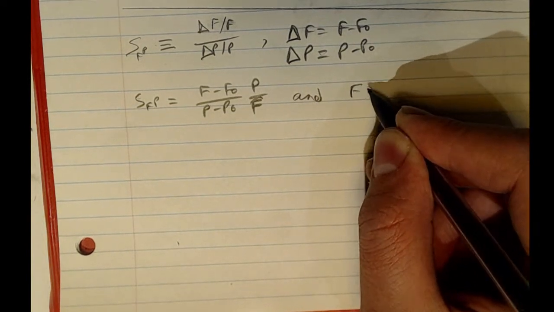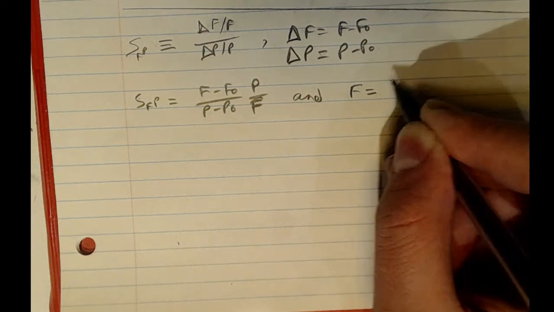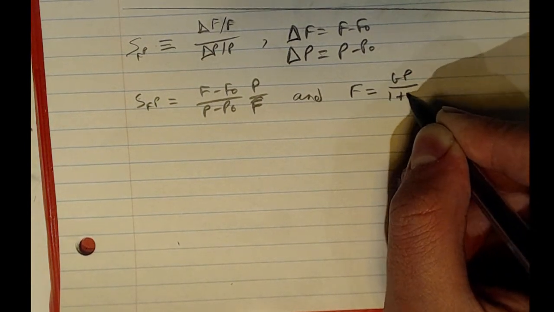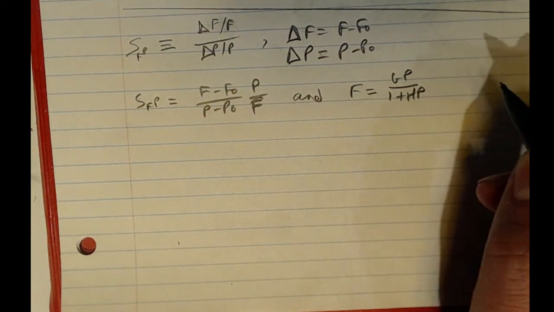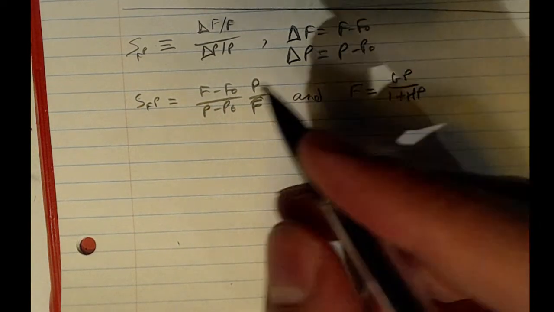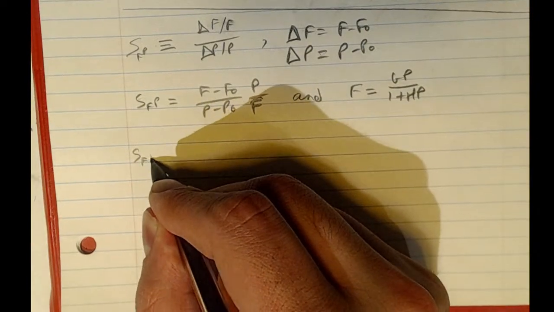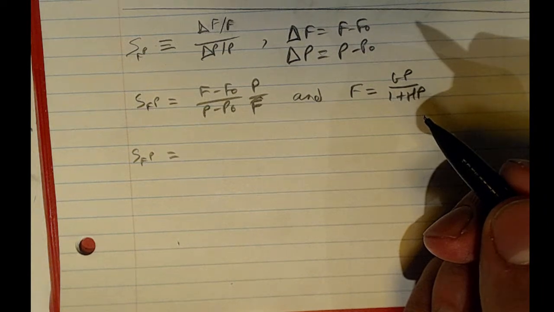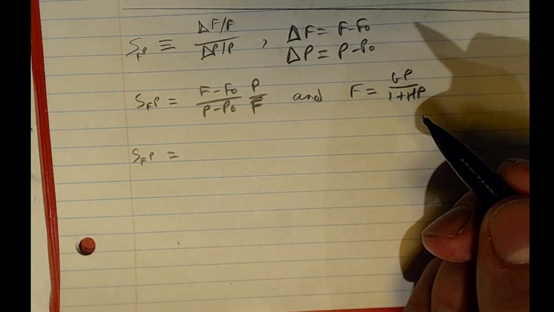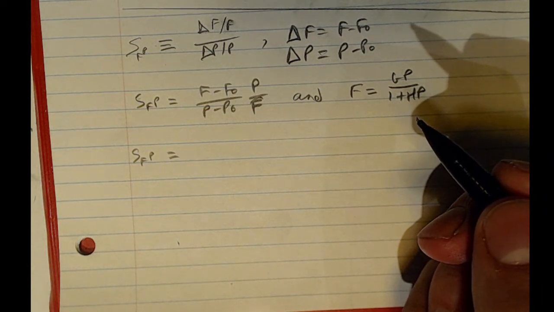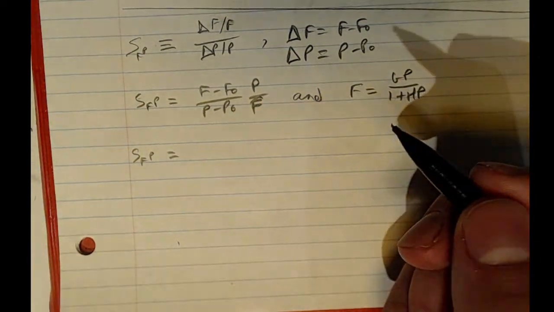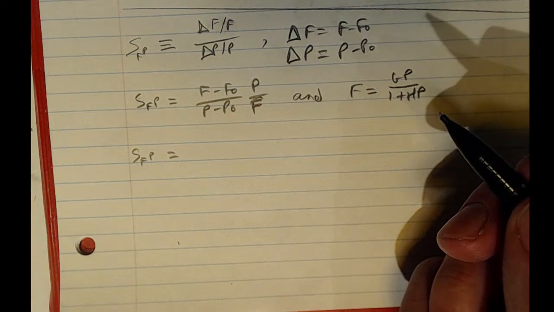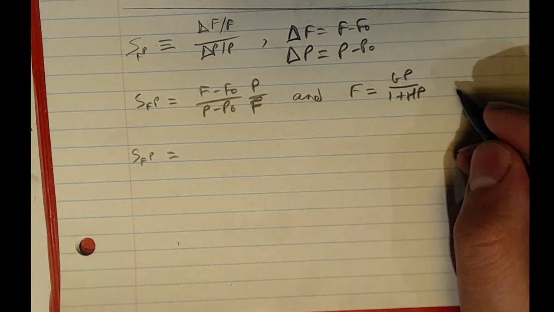F is equal to GP over 1 plus HP. So S_F^P is equal to, we want it in terms of P. Well, what happened to the F naught? Oh, it does.